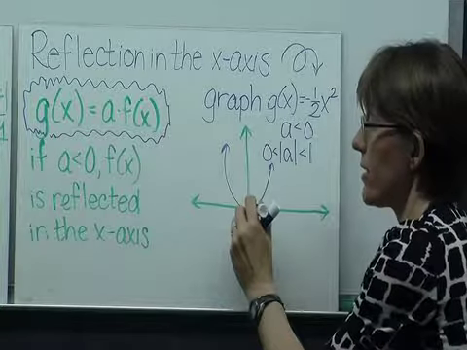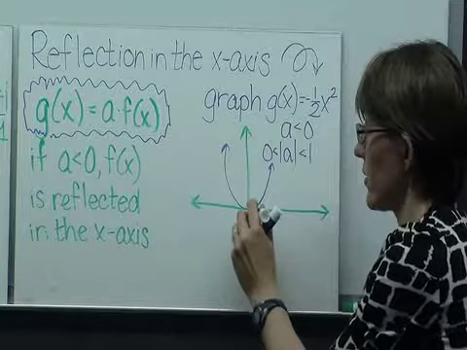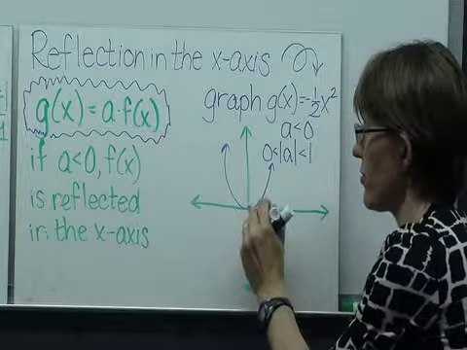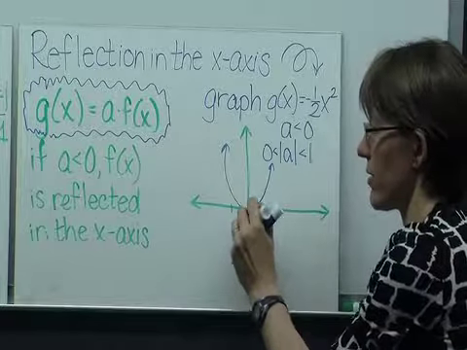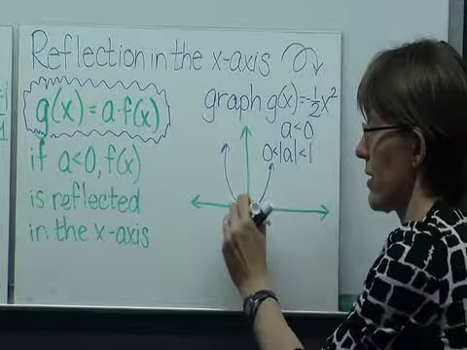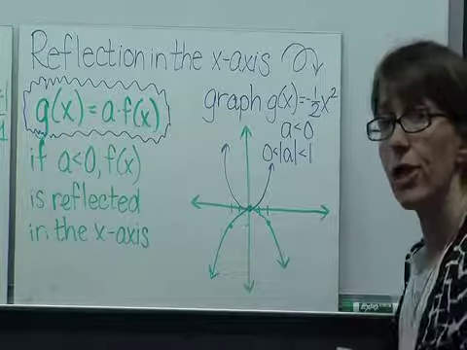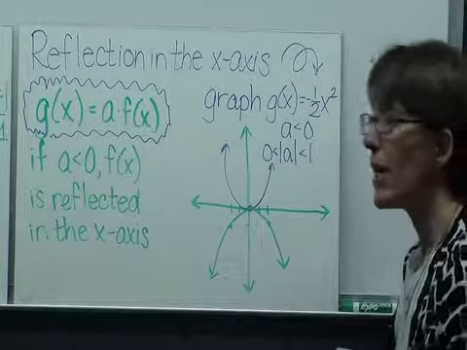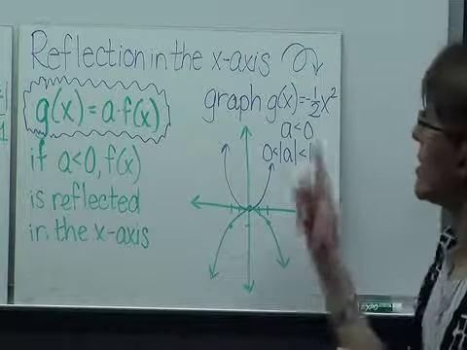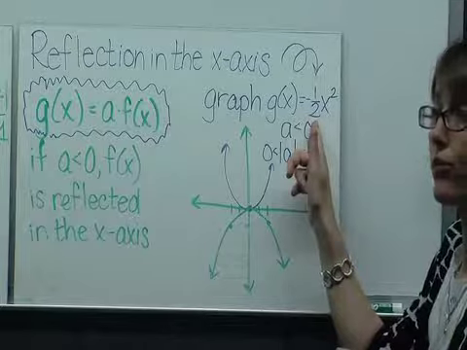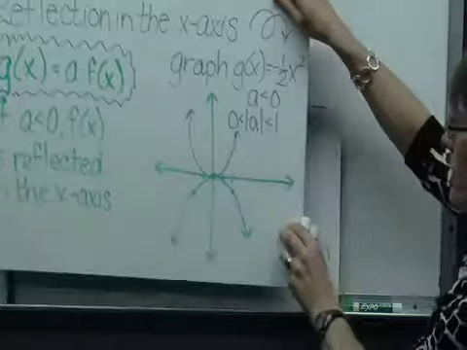And then here, again, starting at the origin, going down 1 and over 2 units on each side. So down 1 and over 2 again. And my function has been flipped upside down and appears slightly wider due to this 1/2 coefficient. This is called the leading coefficient, by the way.